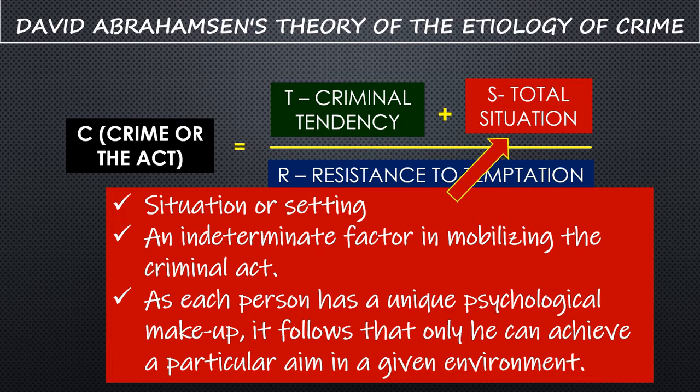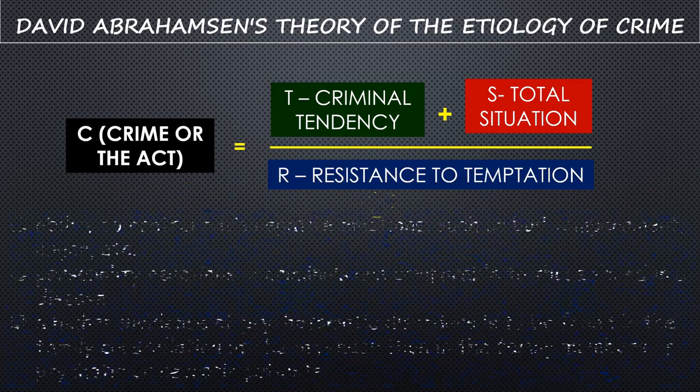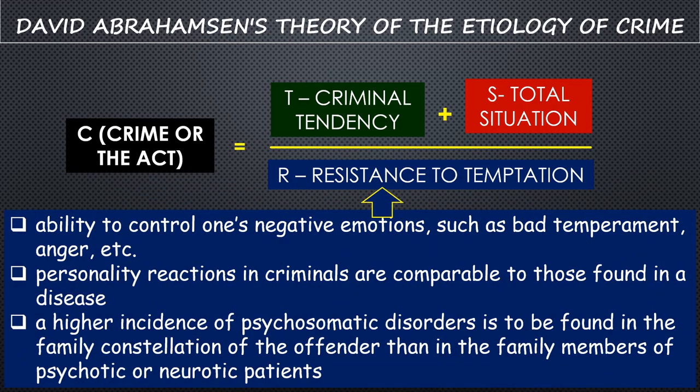The resistance to temptation, well, simply we can say that it could be within your mind, or within your morality. You can resist temptation. But in the explanation of David Abrahamsen, he's saying that that is your ability to control your negative emotions. That is what I was telling you a while back.